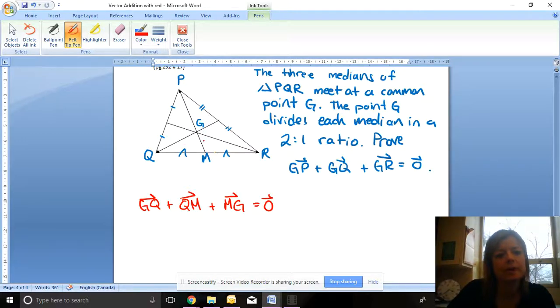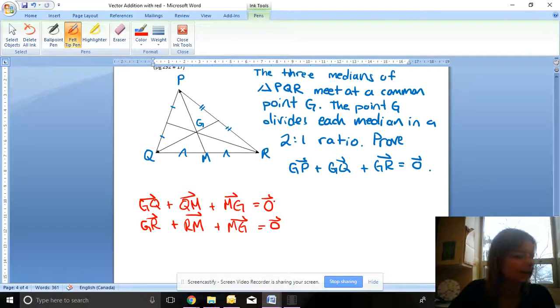The same thing is true for vector GR, to vector RM, and then vector M to G. Notice that this vector MG is used twice, okay?